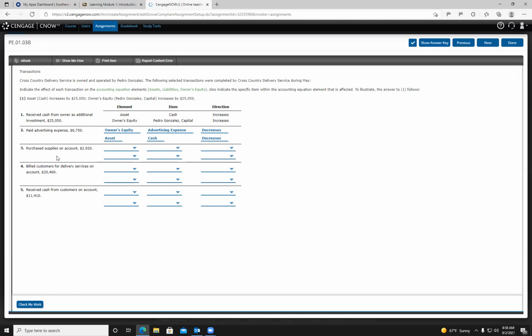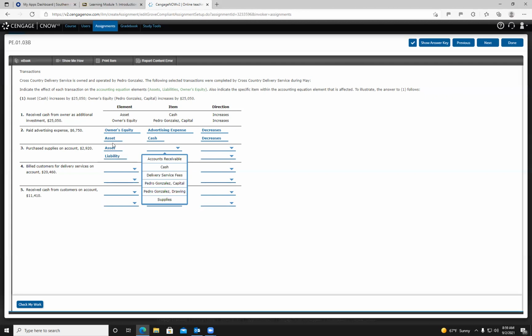Purchase supplies on account. Well, here it tells us we purchased it on account. So obviously we're going to affect liability. And we're also going to affect assets because we're purchasing supplies. So we'll switch this around. If we're affecting assets and we're affecting liabilities, what items are we affecting?